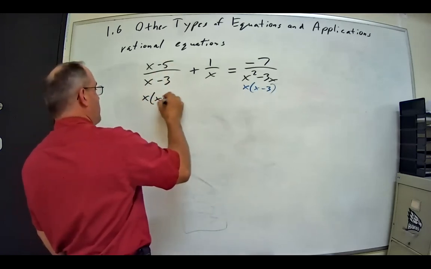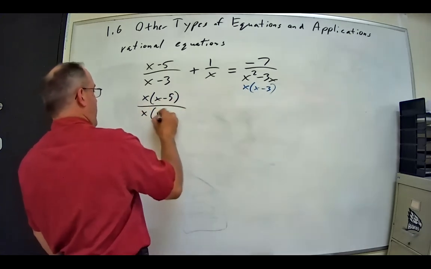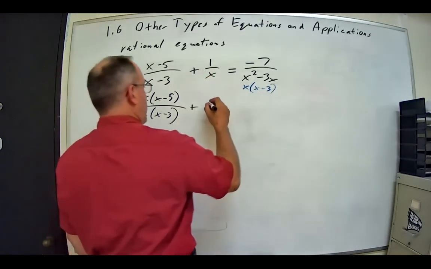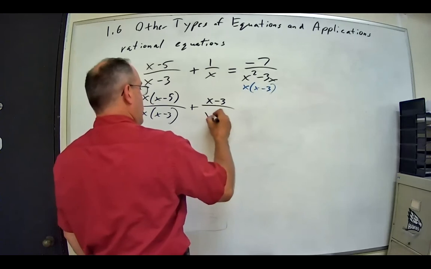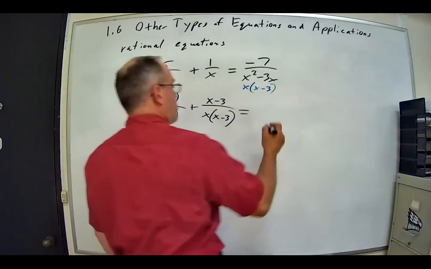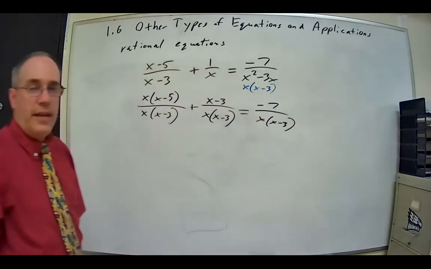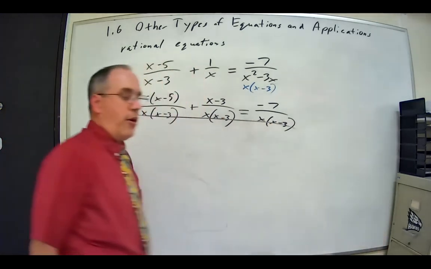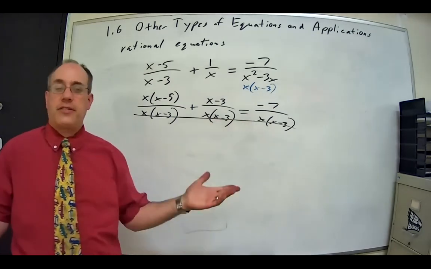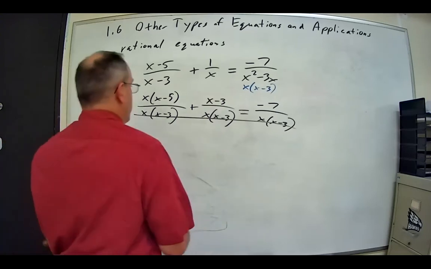So we have x times x minus 5 over x times x minus 3, plus, we're going to multiply this by x minus 3, x minus 3 times x over x times x minus 3, is equal to negative 7 over x times x minus 3. And now that whole denominator can disappear. Once we've got it over a common denominator, that's gone because it's eliminated just by multiplying through by that common denominator.